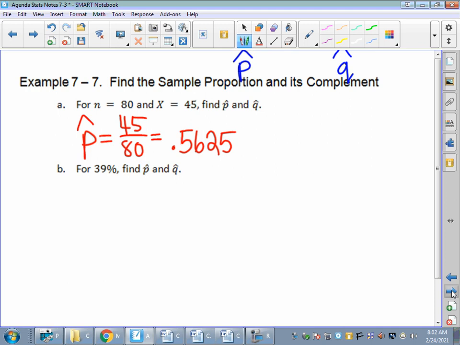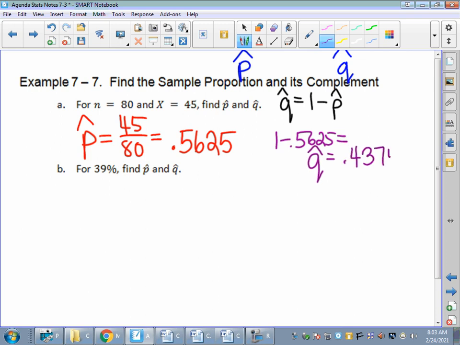I just like to do Q hat is equal to 1 minus P hat. That seems easier to me. So 1 minus 0.5625. So Q hat's going to be equal to something like 0.4375. P hat and Q hat have to add up to 1.